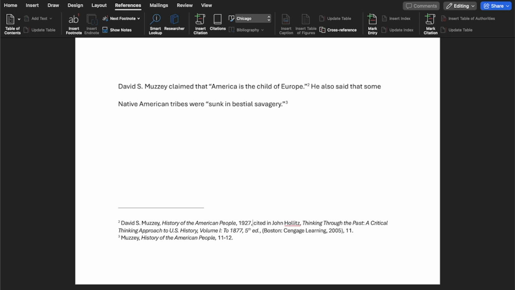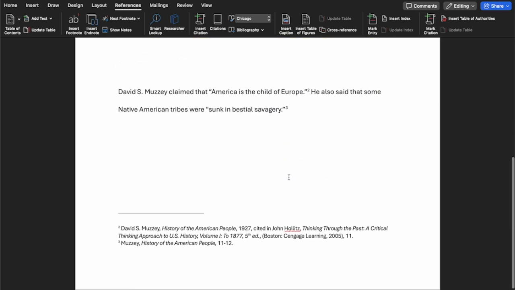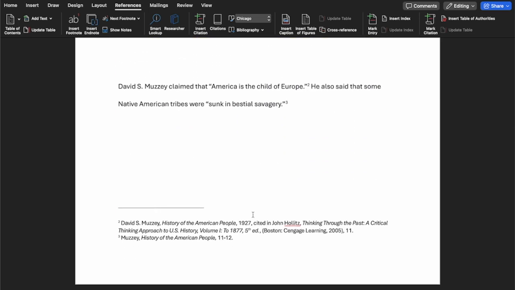Just put all the information you're given going in this order: author, title, year, page number, but we only have these three things. And then to show that it is in another source, you can say cited in or quoted in.